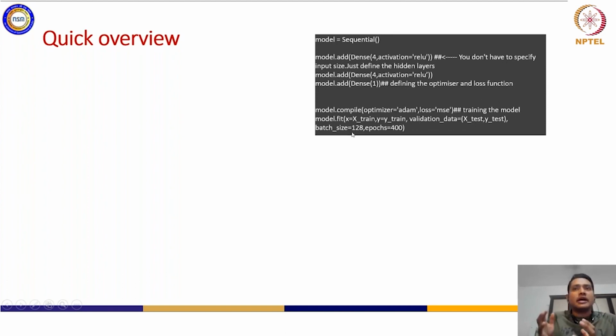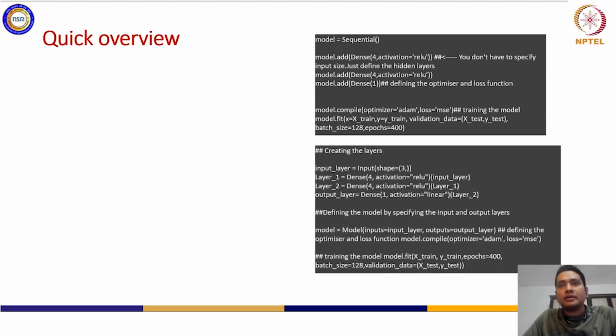So this is the naive way of defining one model in a sequential manner. Of course, this will suffice for most of the training models you'll be working with. But we want to go forward with a bit more advanced technique with this functional API. Now let's see the layers first.